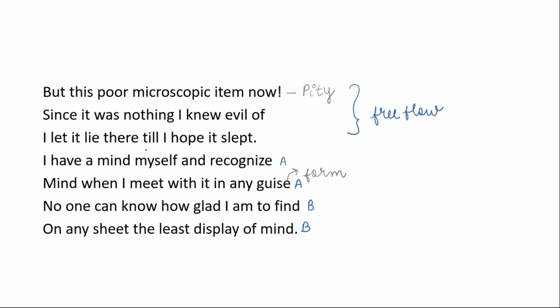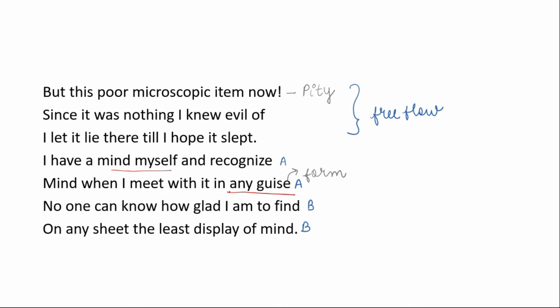I have a mind myself and recognize mind when I meet with it in any guise. No one can know how glad I am to find on any sheet the least display of mine. So if you see again, an AABB type of rhyming scheme is followed. So finally, the poet says that he is intelligent and imaginative enough. So he has a mind enough to recognize other intelligent beings, even if it is in any form, however small it might be.